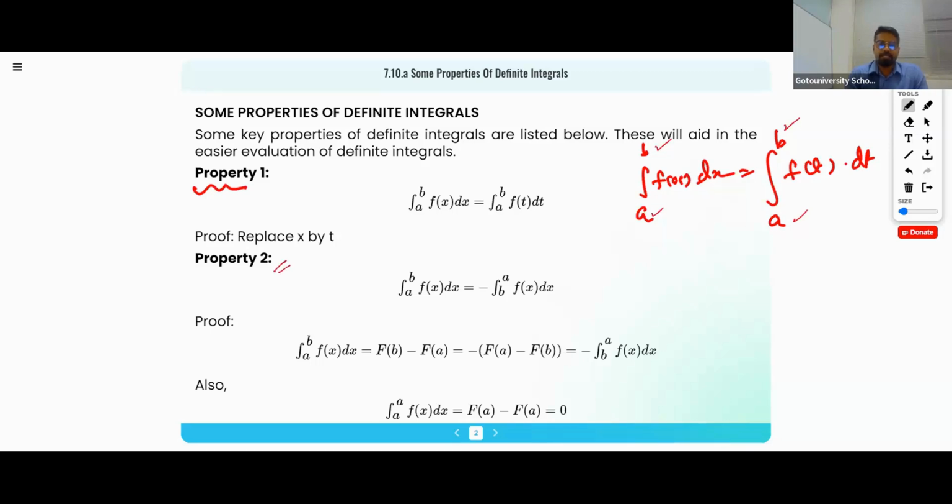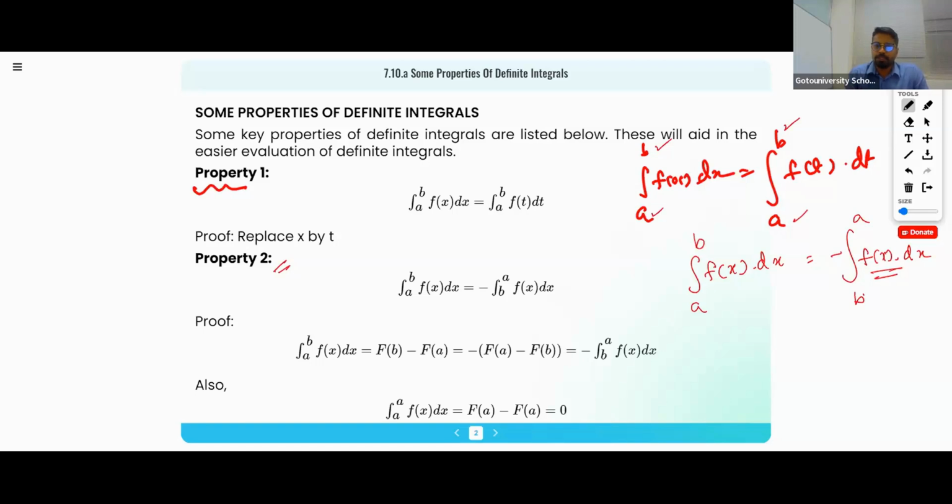The second property is very important and interesting, and will help us in many places. If we have an integral from a to b of dx, and you want to change the direction, it will also change the sign. This will still be the same. Therefore, the integral of f of x from a to b is equal to minus the integral from b to a of the same function f of x.